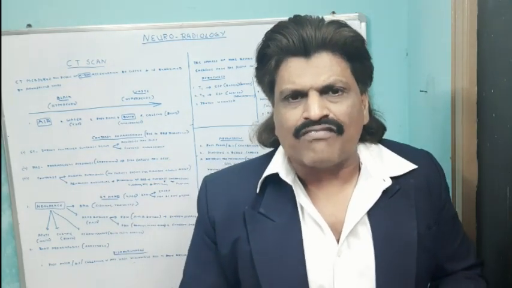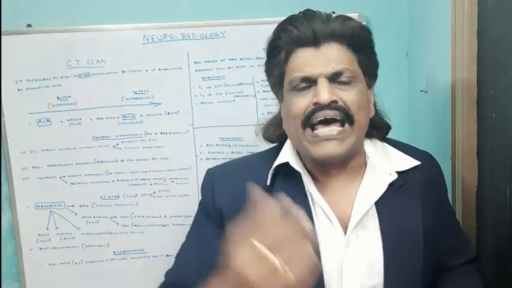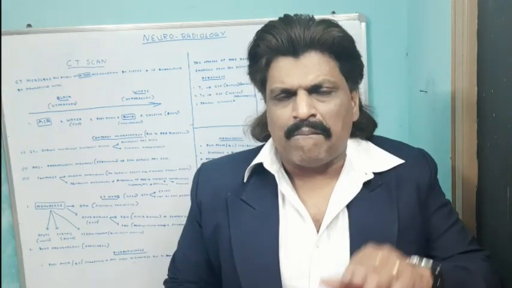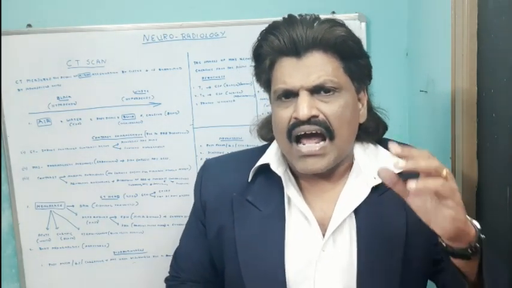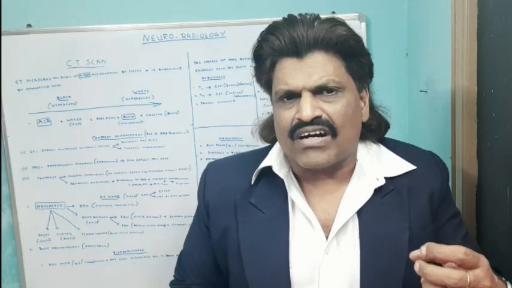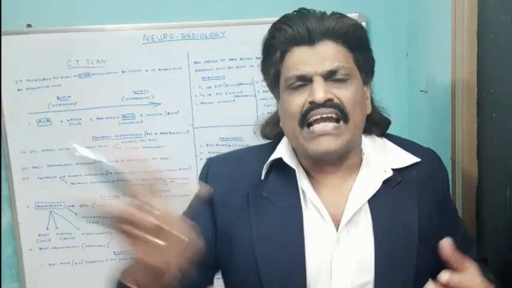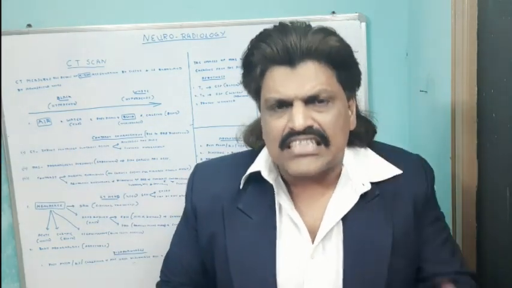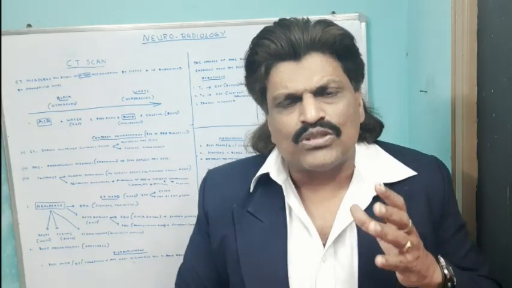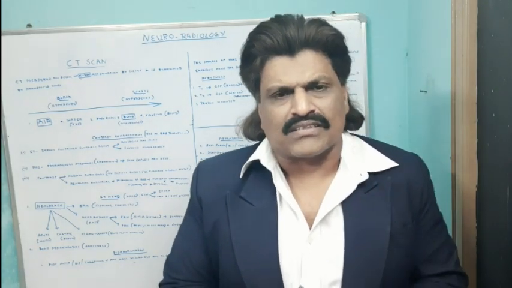So now after contrast, the lesions appear enhanced. So when we compare the normal CT scan and after giving IV contrast, we have contrast enhancing lesions if there is a disruption of the blood-brain barrier due to tumors or infective processes.